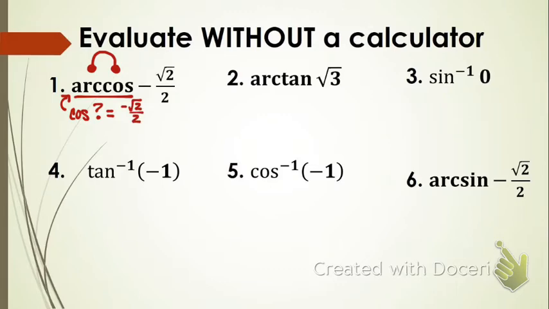That's the question I'm answering here. So what is the angle that has cosine of negative radical 2 over 2? 3 pi over 4. Is that in the top half of the circle? Yeah. Then we're good. So this is equal to 3 pi over 4.